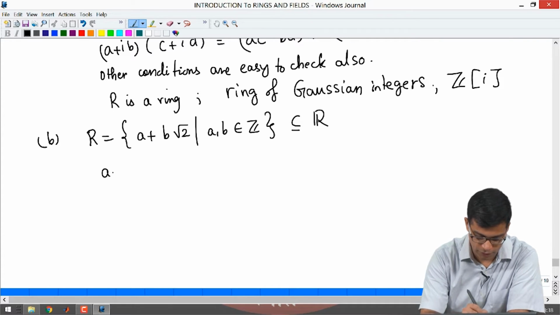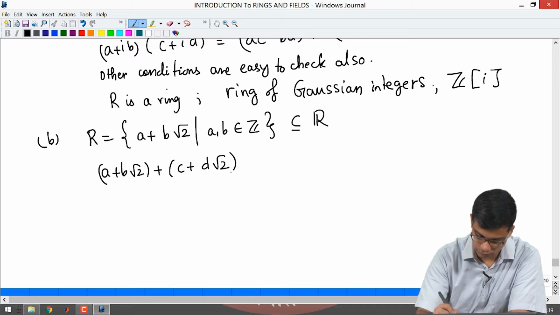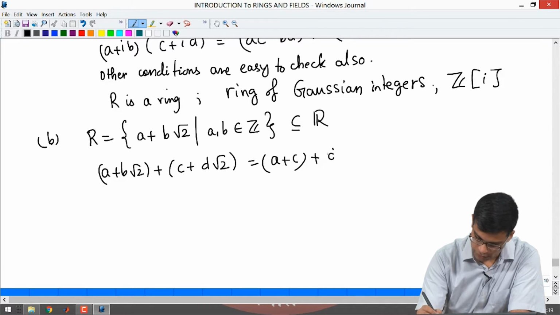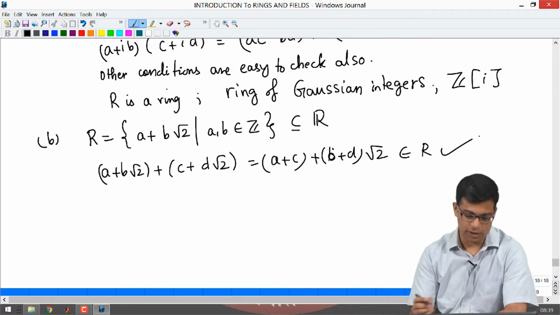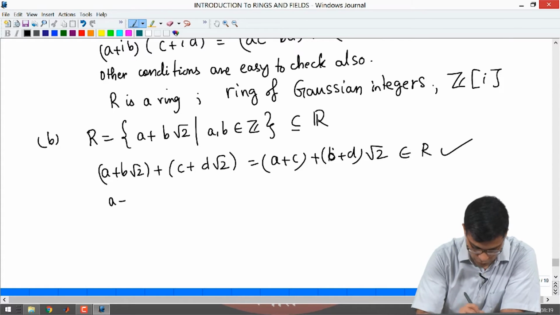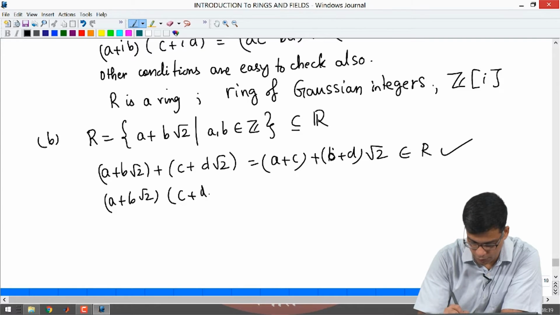Again we can check easily that the sum is a plus c plus b plus d root 2. That is no problem, that is in R. So, let us check the product. a plus b root 2 times c plus d root 2.